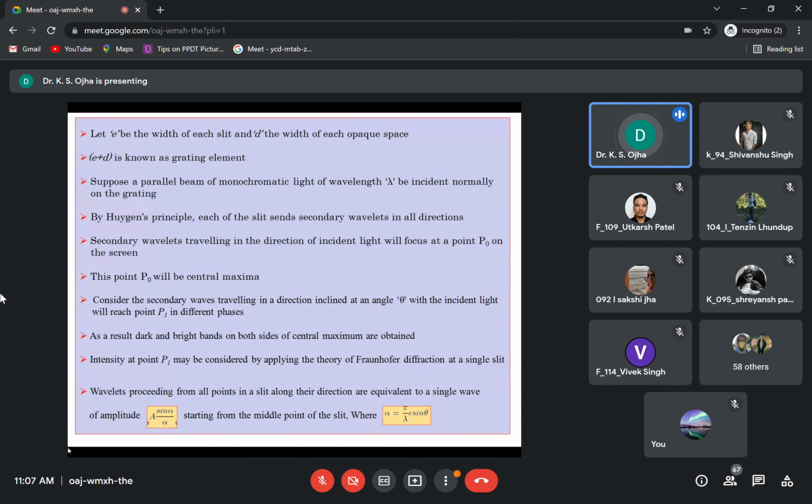So in the grating experiment, or n slit experiment, we have n waves whose amplitudes are a sine alpha by alpha, and the value of alpha we have already considered: pi by lambda e sine theta. Now we are going to find the resultant of n waves having amplitude a sine alpha by alpha.